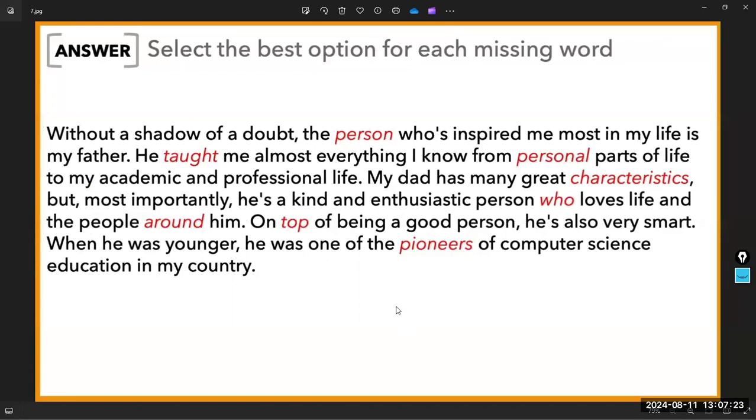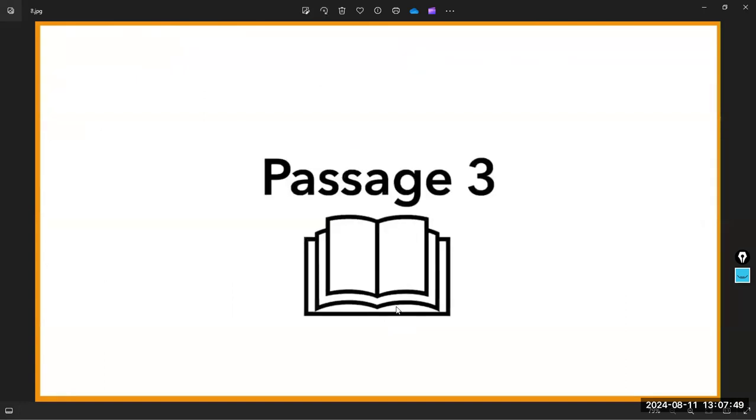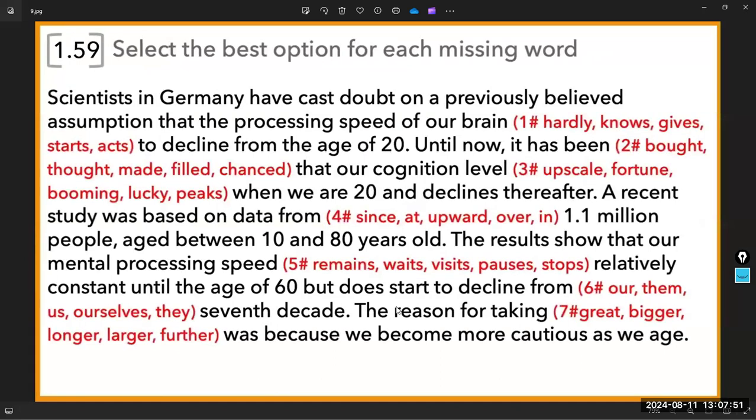Guys, because we are practicing, you can pause the video and take more time, and I know that we are not that familiar with this module. You can pause the video and take your time, but please be careful that you don't have too much time in the Duolingo exam. So this is the next passage and time starts.